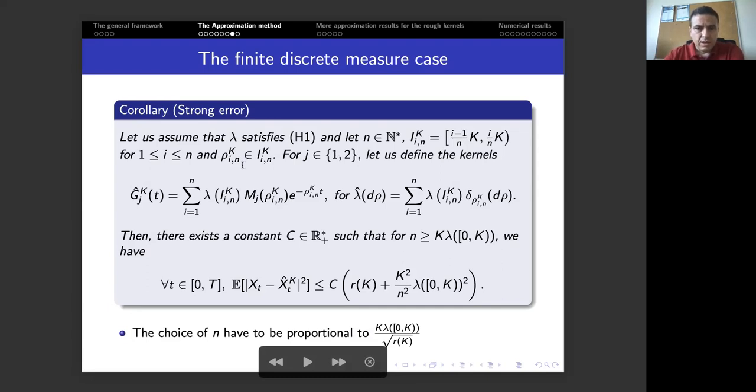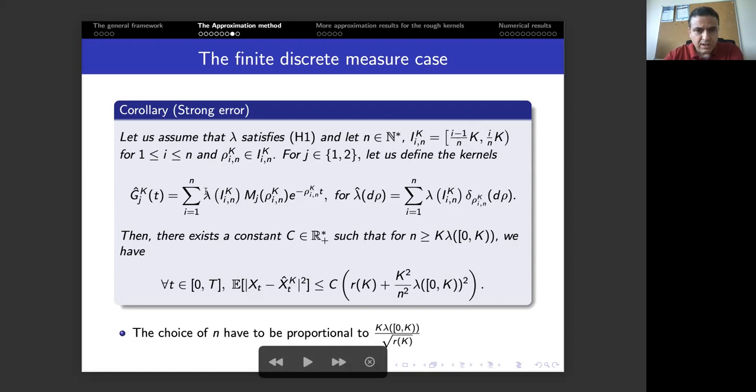And let me at first consider a first naive approximation of our truncated kernel. This naive approximation is based on using the Dirac weights given by the rho i here. Each rho i belongs to each small interval of this type.